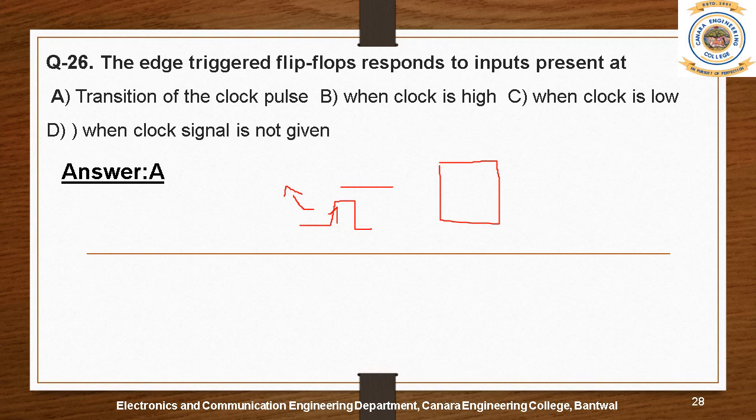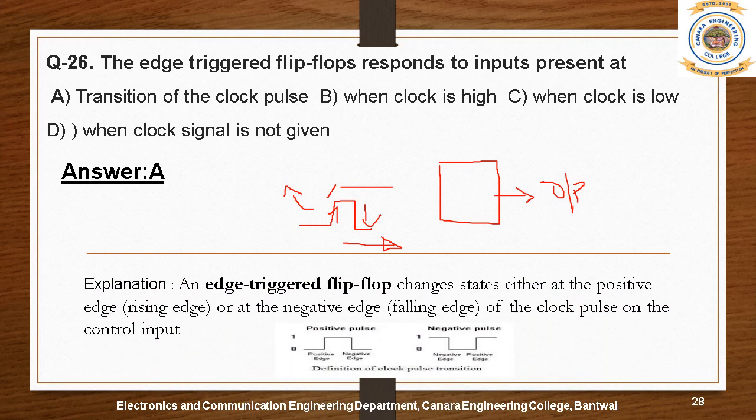This triggering means it gives an output depending on the clock, either at this edge of triggering or this edge of triggering. So it is called an edge triggered flip flop. It responds to inputs present at transition of the clock pulse. So as and when the clock pulse moves, it gives you an output. There may be positive clock or negative clock, depending on the requirement of your side.